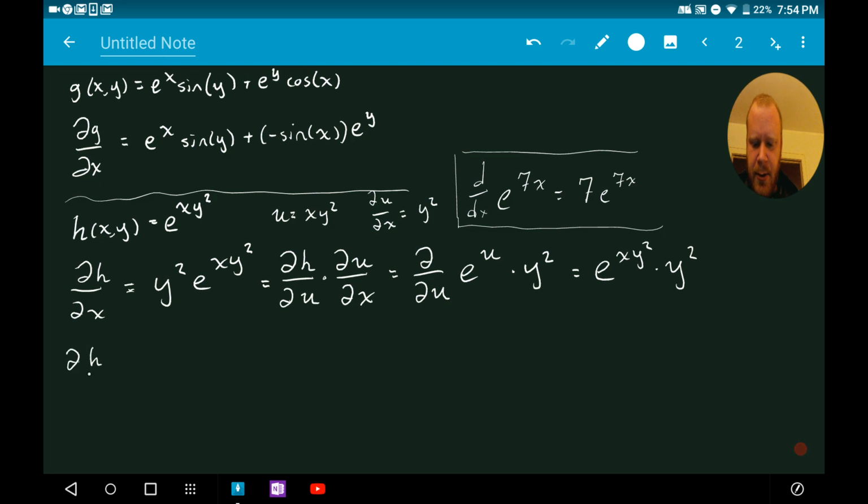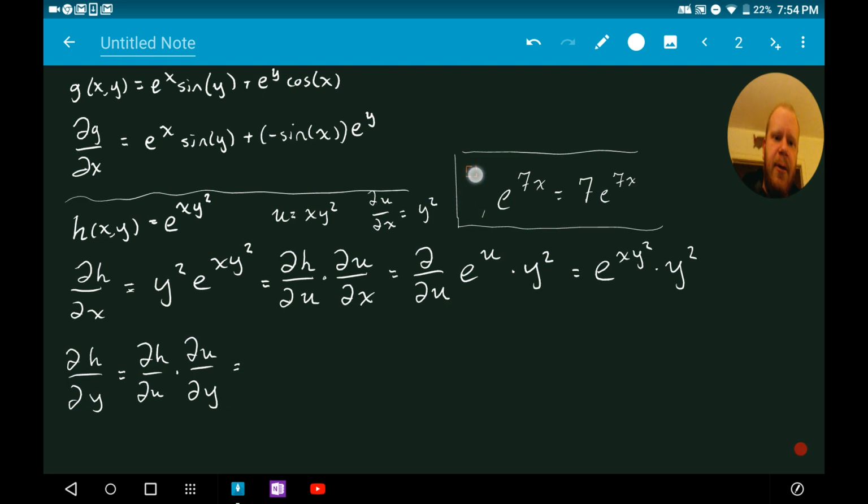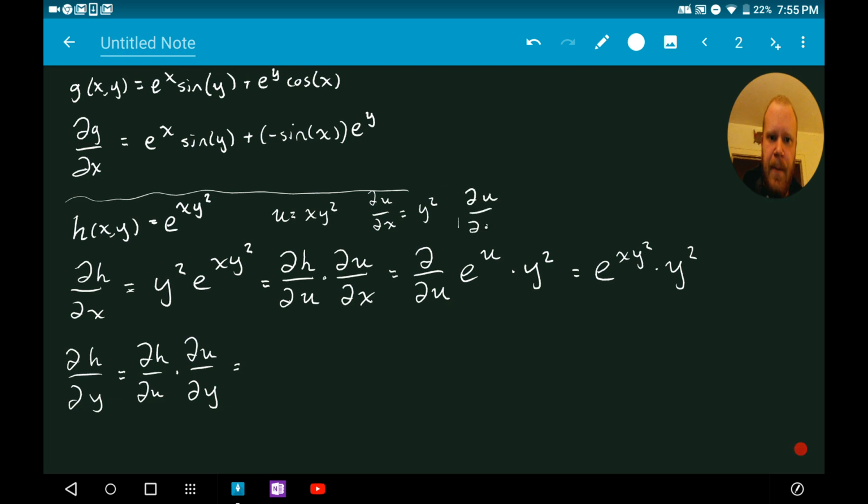Yeah, so let's do the y one as well. So u in this case is going to be xy squared, so we can think about what del u del y is going to be equal to.